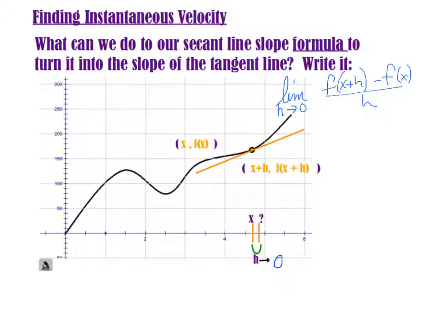The previous formula, which only had this part in it, was the slope of the secant line and was the average velocity. When I look at this as though it's a limit and include that as part of my formula, this is my new formula, that is going to be the slope of the tangent line, which is instantaneous velocity.